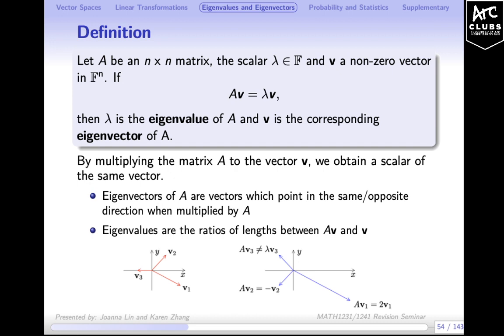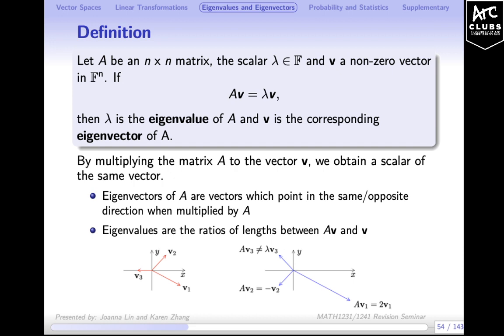Just to give a geometric interpretation of what they actually are, if you look at the diagram down below, eigenvectors of A are vectors which point in the same or opposite direction when you multiply by the matrix A. If you look at vector V2 in the first and second graph, you can see that it's essentially a scalar multiple of the same vector, but it's just pointing in a different direction because the scalar is negative.